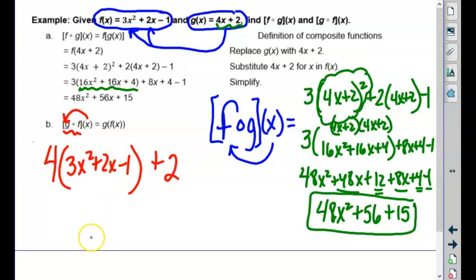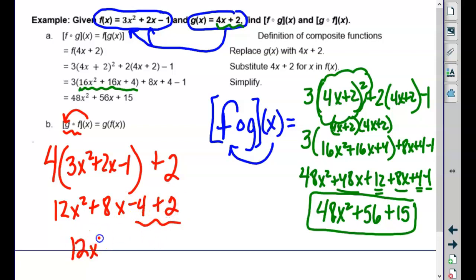Do you see why this one's easier? All you have to do is distribute that 4 and add the like term at the back. I got 12x squared plus 8x minus 2. Did anybody else get that when they did g of f? Okay. Any domain restrictions on these? No, because they're just polynomials. There's no denominators and no radicals.